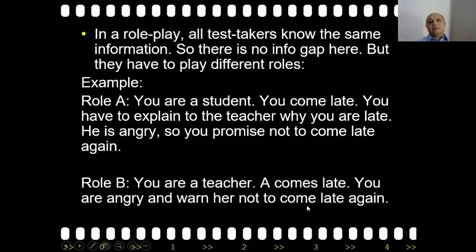So each of the test takers has their own role and they have to play the role by communicating in English, and then you score their performance in English. So that's the difference between information gap and role play.